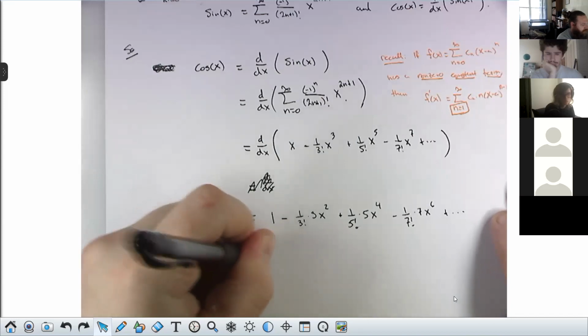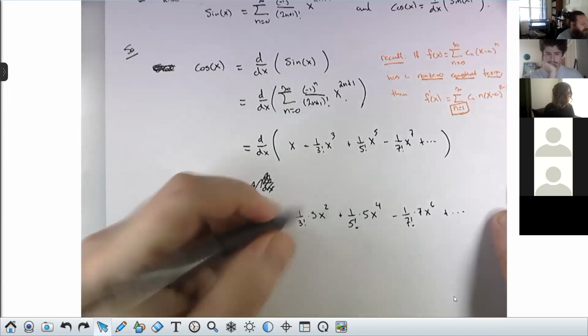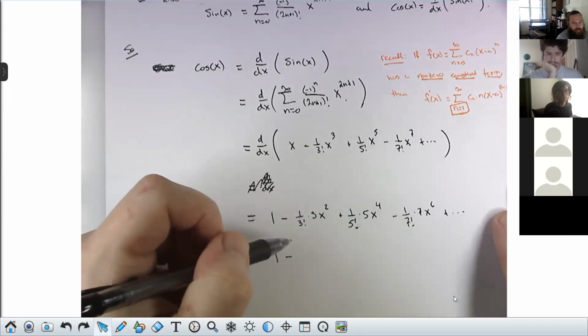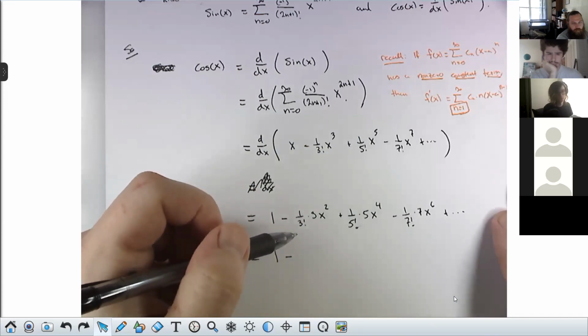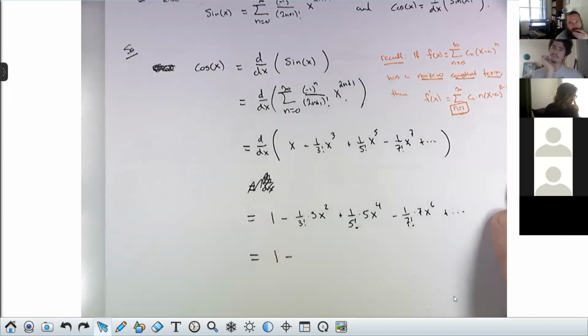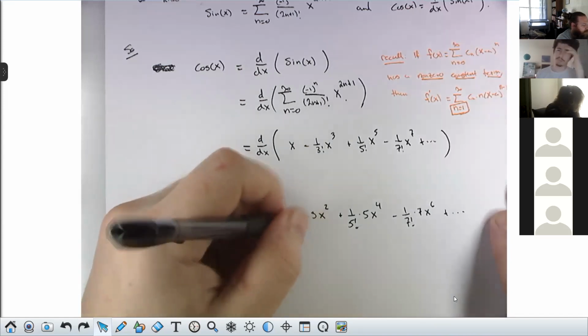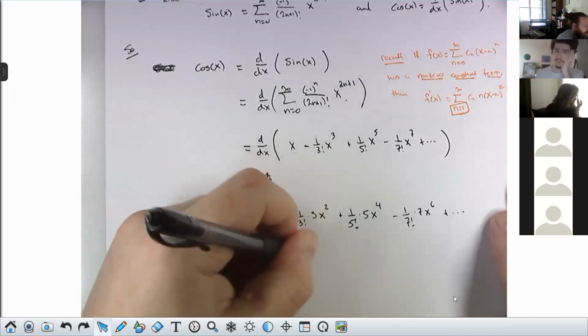And there's simplification here. 1 minus, what's 1 over 3 factorial times 3? What's n over n factorial? Factorial. So if you take 3 factorial and divide it by 3, you get 2 factorial.